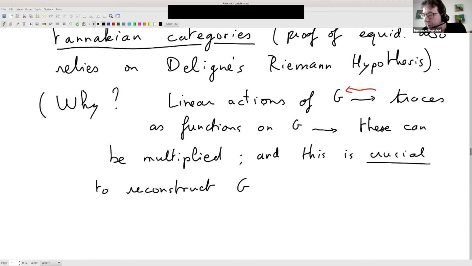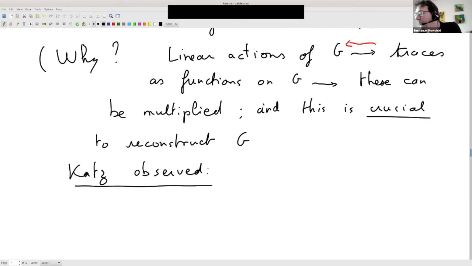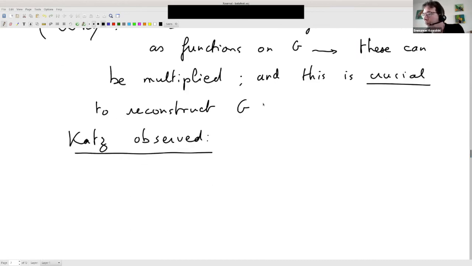Okay, and so what Katz observed, it's a super simple observation, but it's absolutely crucial. What is the key for him to start thinking about reconstructing a group from exponential sums?